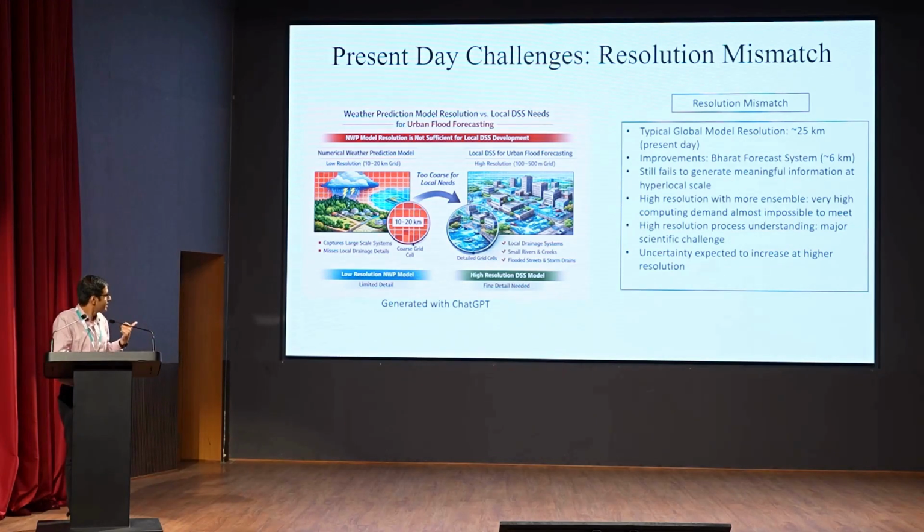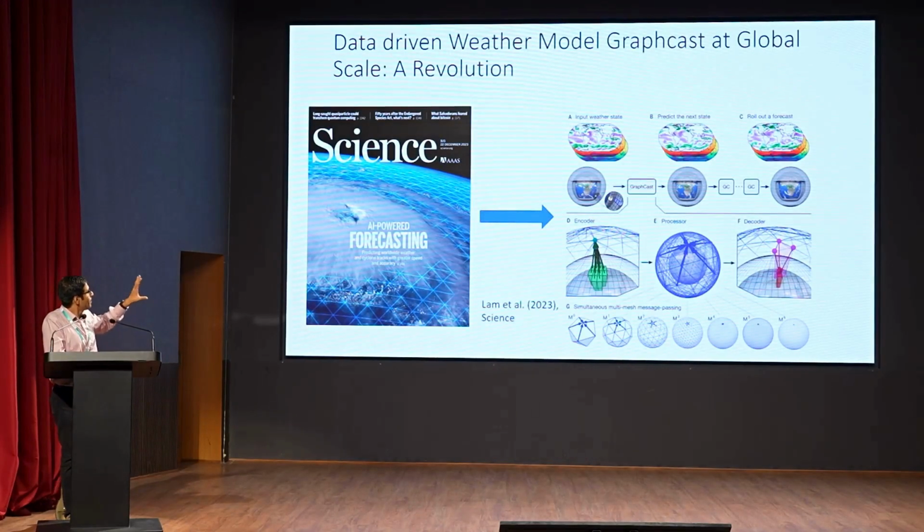So that's the challenge. And then Google DeepMind came up with this model, which was published in Science and also got the Science cover magazine. They said, look, we are using a graph neural network, and with this graph neural network, we are able to produce 11 days forecast with insignificant computing time, given that the model is already trained.